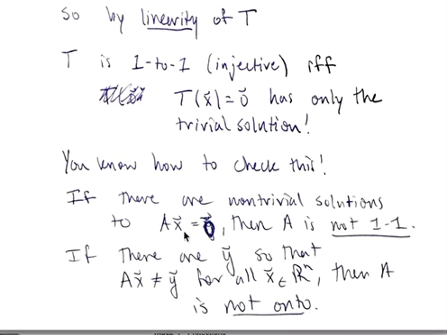And I just wrote the negations down here for useful homework help. If there are any non-trivial solutions to Ax equals 0, then the mapping represented by the matrix A is not one-to-one. And going back to ontoness, if there's any y in the codomain that does not get hit by some x, namely if there is a y so that Ax is never equal to y for any x in the domain, then A is not onto.